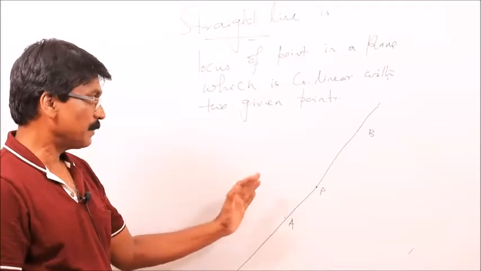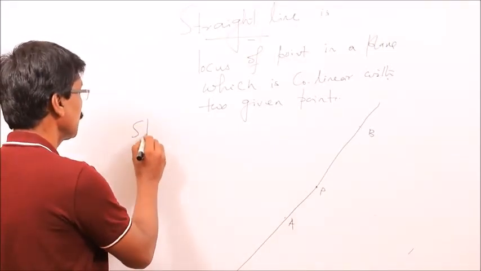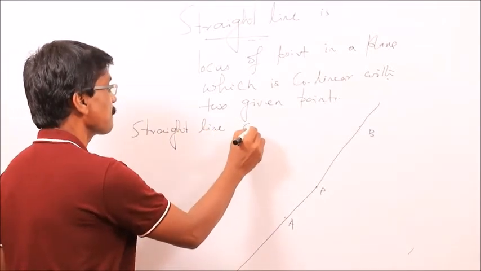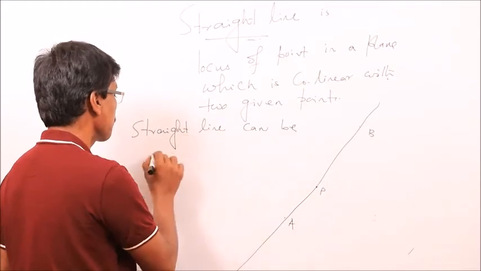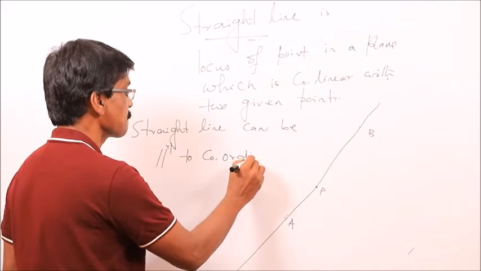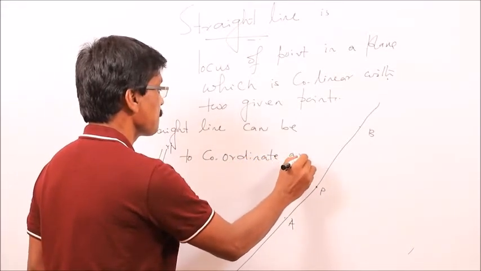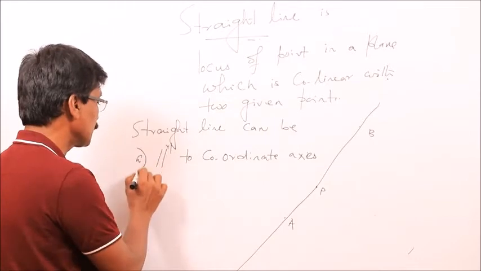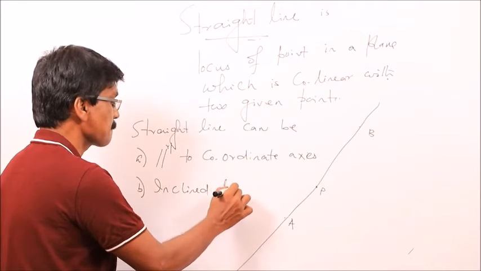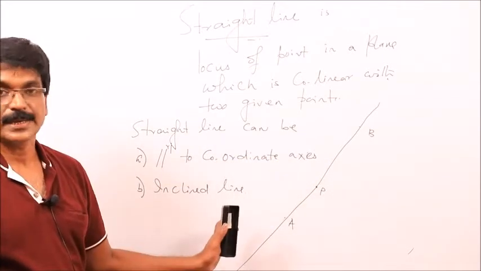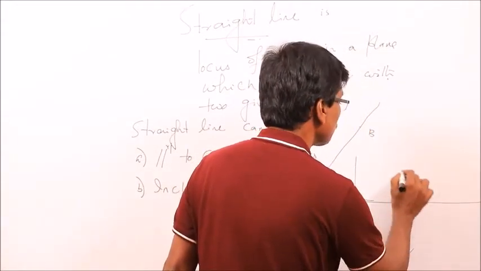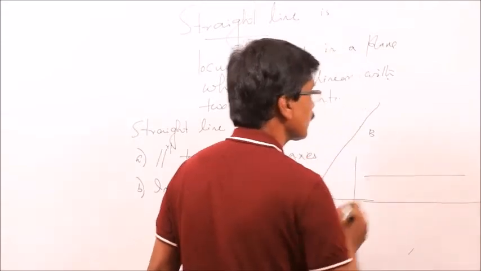A straight line can be parallel to a coordinate axis, or it can be an inclined line. We can draw a straight line accordingly.